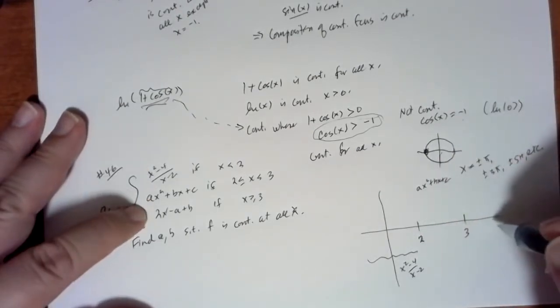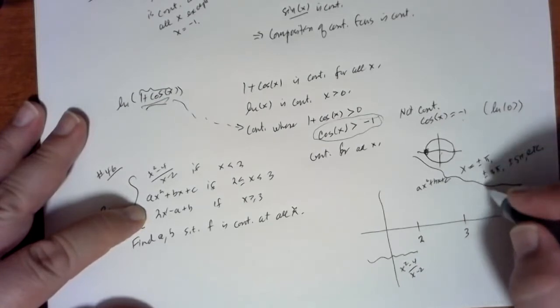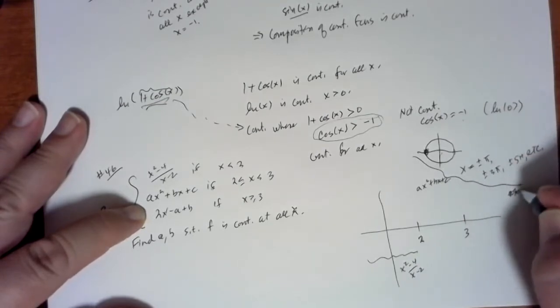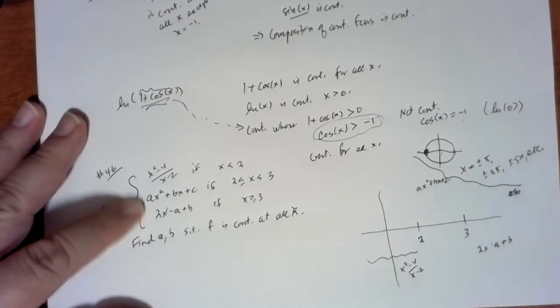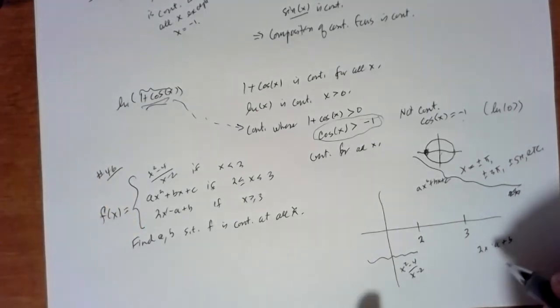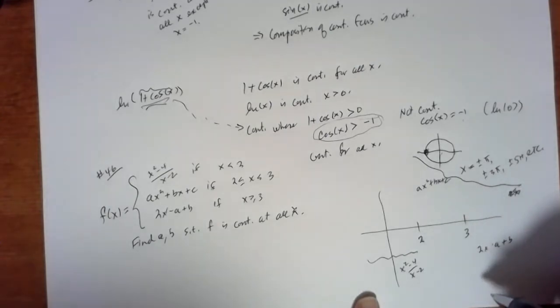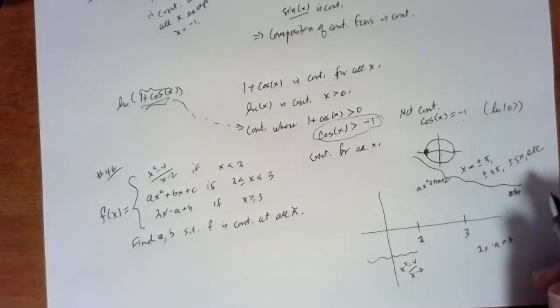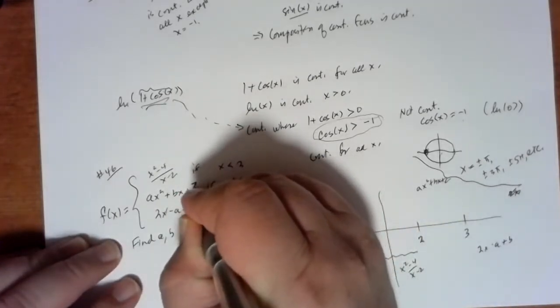And then here we have 2x minus a plus b. Let's see, how am I going to solve this? For one thing, I think I need a 3 here to make it equal to number 46.